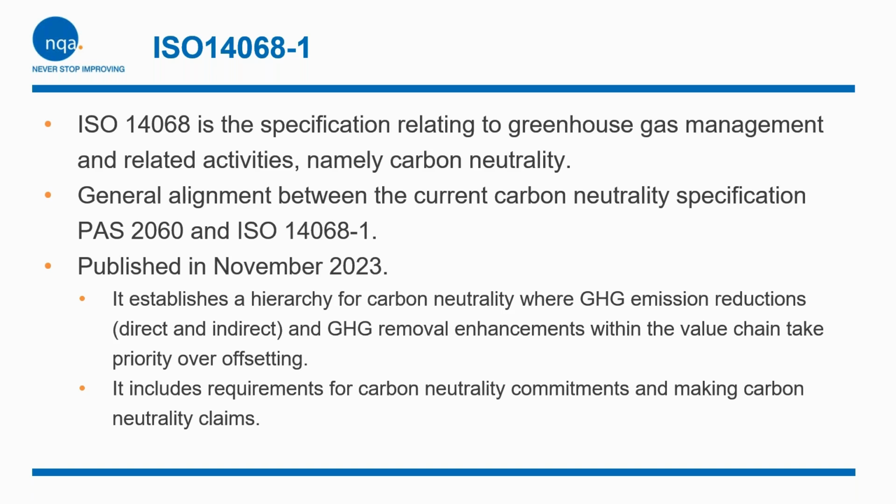So without that reduction, we would not be certifying you, and the standard PAS 2060 wouldn't really want you to be certified. But it pushes the message, it enhances that message that greenhouse gas emission reductions and removal enhancements within the value chain take priority over offsetting. And it includes requirements for carbon neutrality commitments and making those subsequent claims.